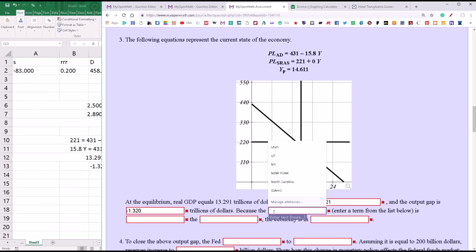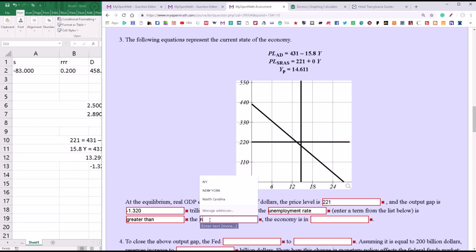Okay, so because the unemployment rate is greater than the natural unemployment rate, the economy is in a recessionary gap. GDP is too low and unemployment is too high.